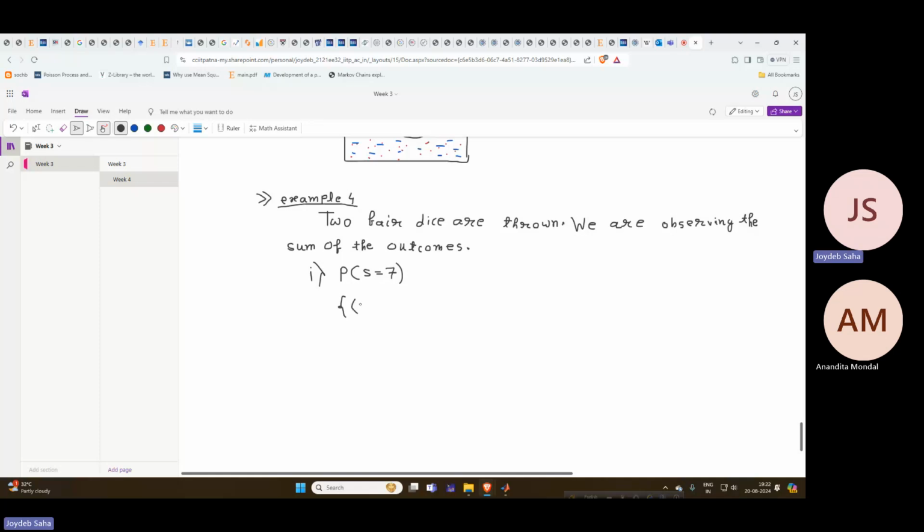And now, what are our expected outcomes? If the sum is 7, it may be 1, 6, it may be 2, 5, it may be 3, 4, and 4, 3. It may be 5, 2.